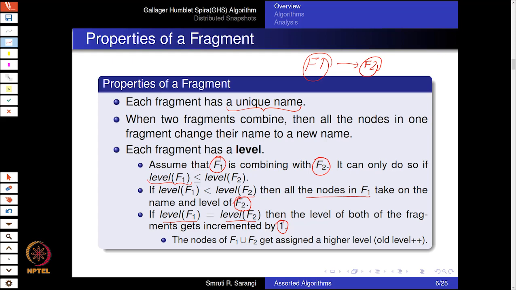That's how the level increases. Furthermore, we will see what happens to the name, which is also interesting. They get a new name, which combines the names of both. We will see in a couple of slides how that happens. But if the levels are equal, it's more complicated than when the levels are not equal. The nodes of F1 union F2 get assigned a higher level, which is the old level plus plus.